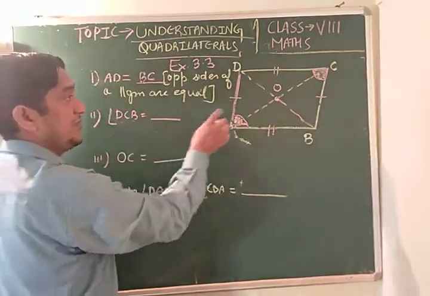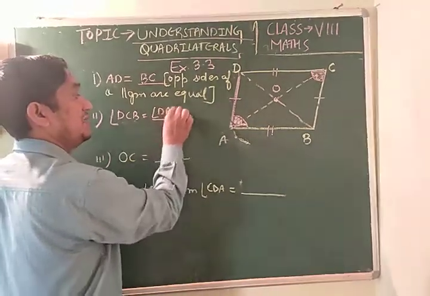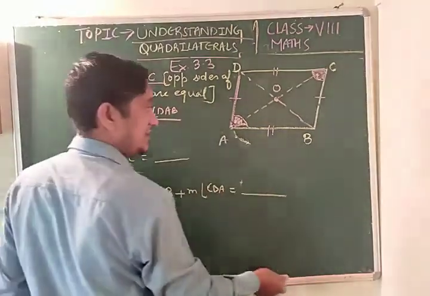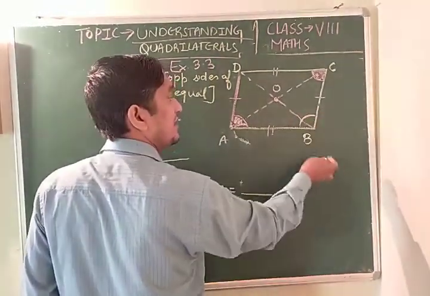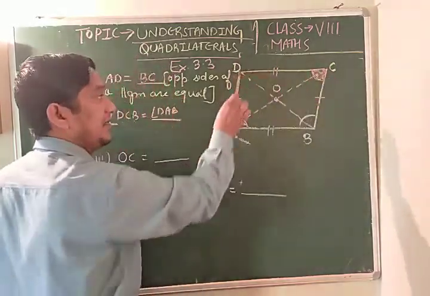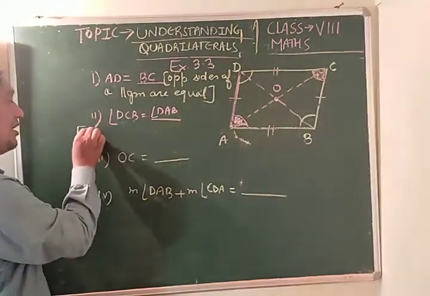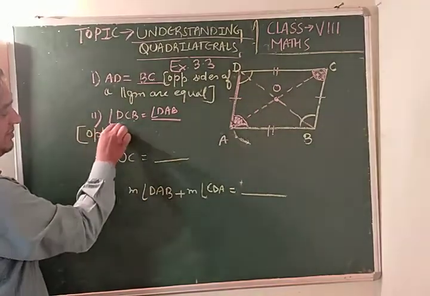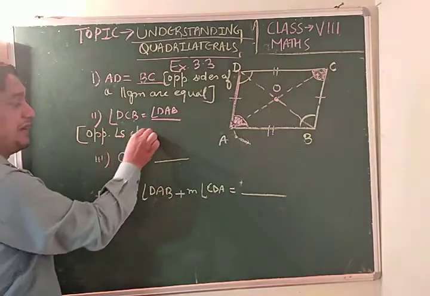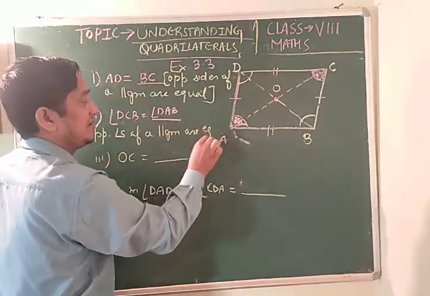So angle DCB is equal to DAB. Similarly, you can say that this angle ABC is equal to CDA. So here the property used is opposite angles of a parallelogram are equal.